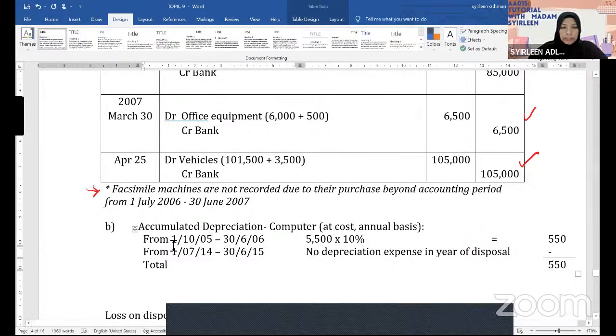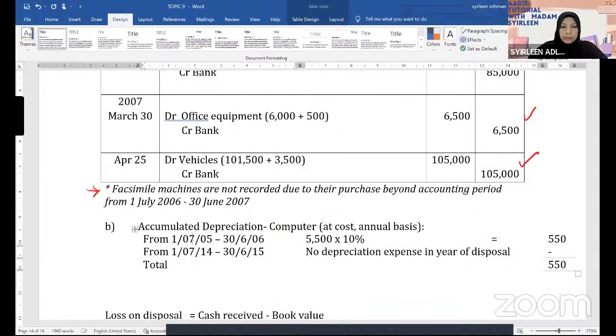Yang ini ialah 1st of July 2005 until 30th of June 2006.